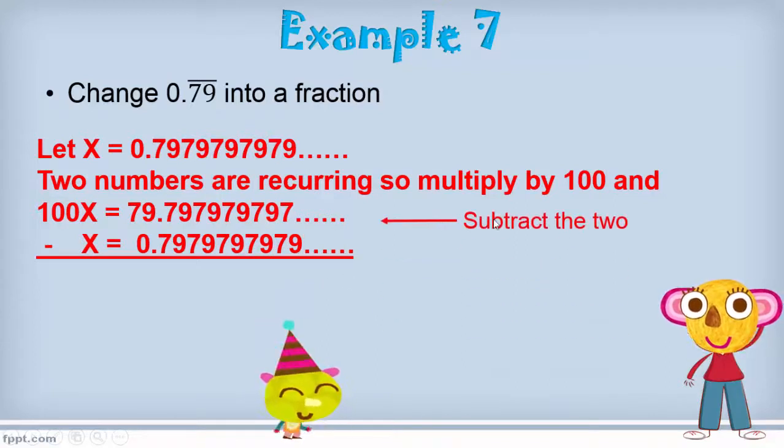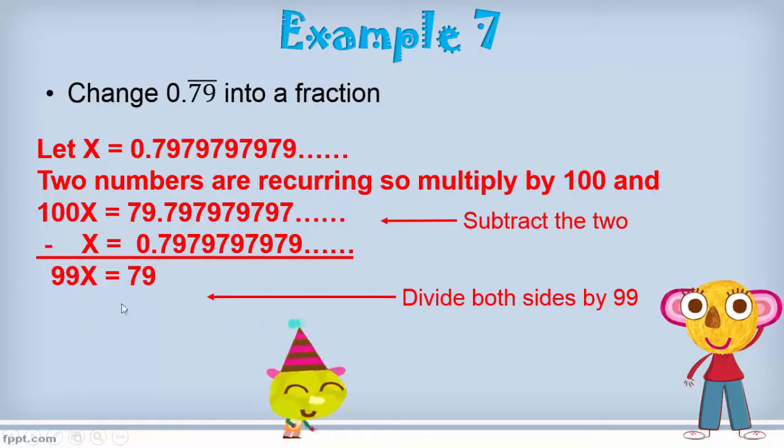So now we subtract the x from 79.7979, and we subtract 0.797979, so that means this part will go away, and it leaves us with 100 minus 1, which is 99x, is equal to 79.